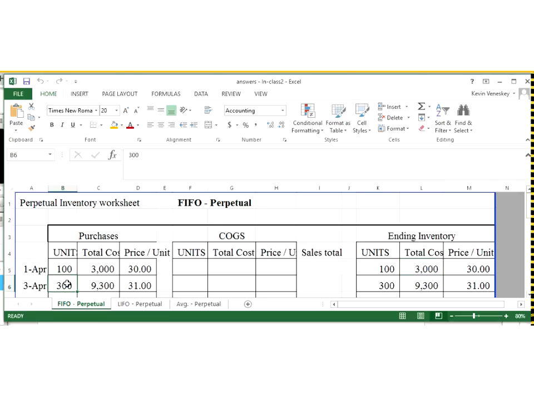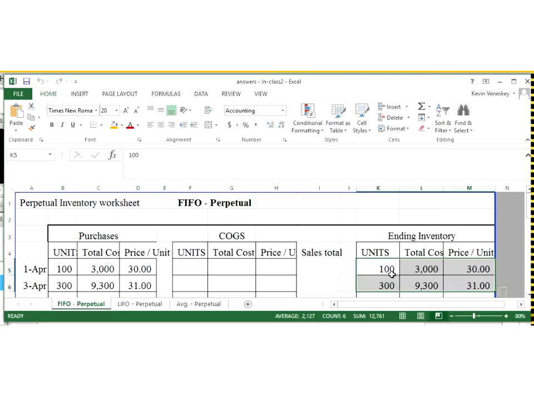I decide after April the 3rd that I need to buy some more. It's not going to be quite enough. So I buy 300 more items at a total cost of $9,300. And then I do the simple division, just divide out what's the price per unit, $31. And then I list it over here, but I do keep it separate.